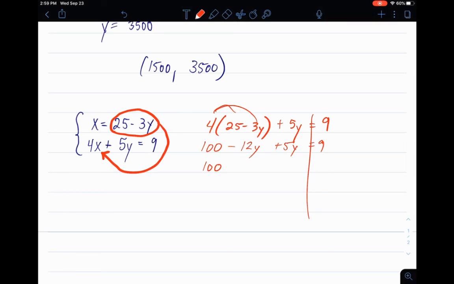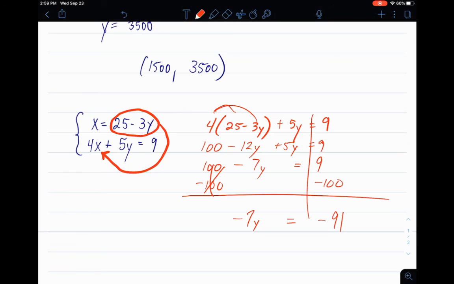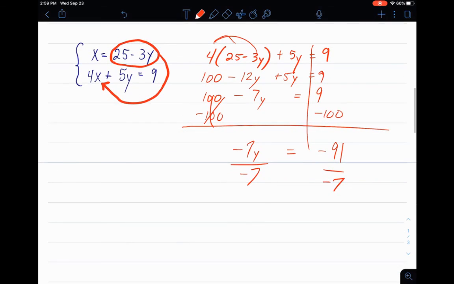Negative 12 plus 5. I'm going to subtract 100 from each side. I get negative 91. Then I'm going to divide both sides by 7, which is what?